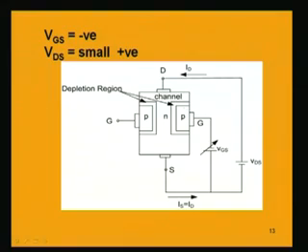It will be increasing, because as far as this P and N is concerned, we are having this gate to source voltage negative, so P is connected to negative and this N is connected to positive. So this is a reverse biasing voltage. Due to this reverse biasing voltage, if we increase this voltage, this depletion region will be increasing.